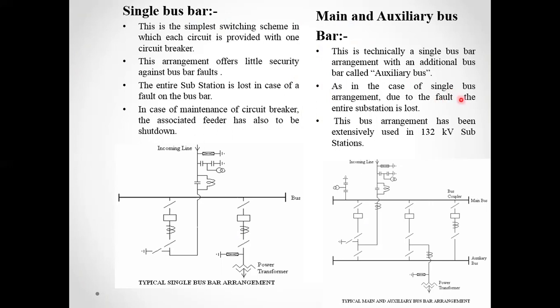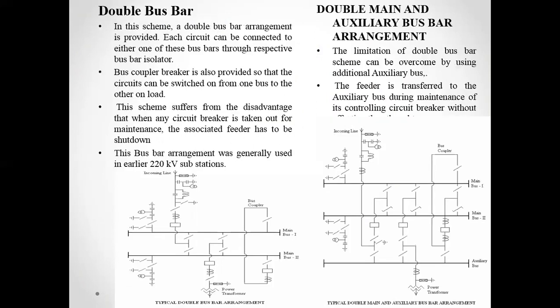Due to a fault in the bus arrangement, the entire substation can again be lost, and this arrangement has been extensively used. It is only used for 132 kV substations; for 440 kV we can't use this main and auxiliary bus bar.